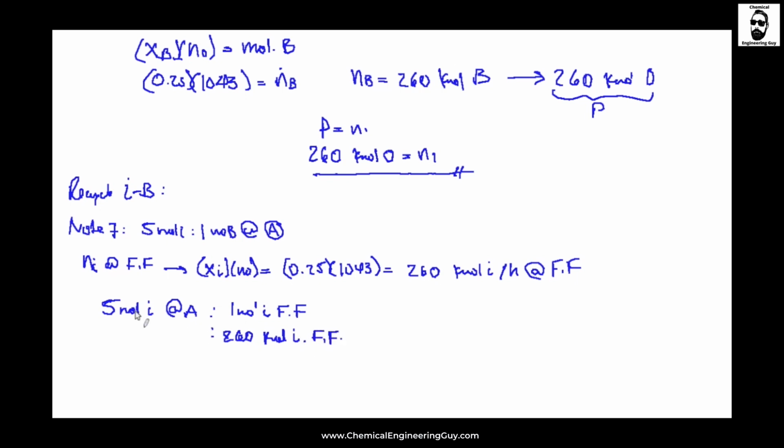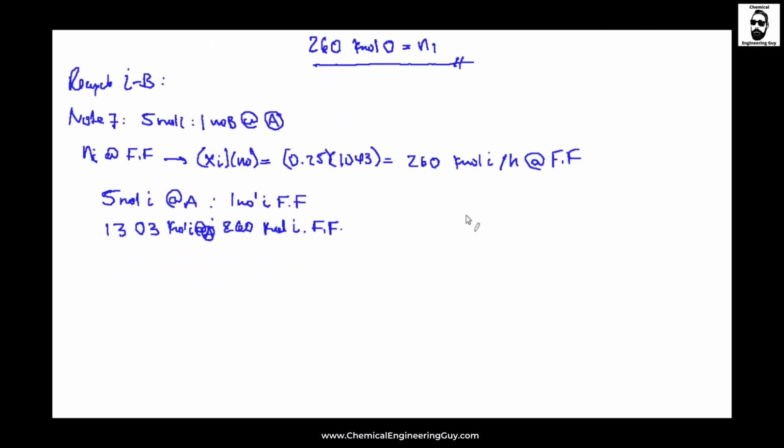We just need to multiply these, and I got 1303 kilomoles of isobutane at A. So this is a number we're going to use. N of I at A equals 1303 kilomoles per hour. So this is also important. I'm going to underline it.